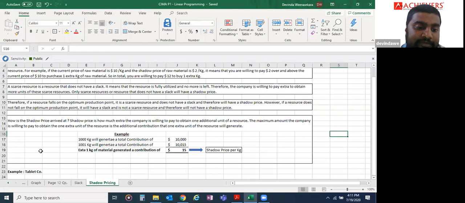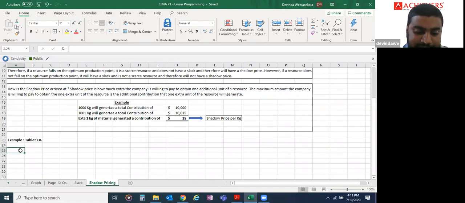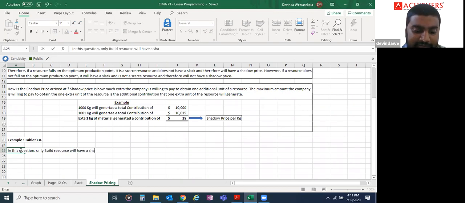Clear? So I will say, in this question, only the build resource will have a shadow price since it is the only resource that falls on the optimum production point and is a scarce resource.